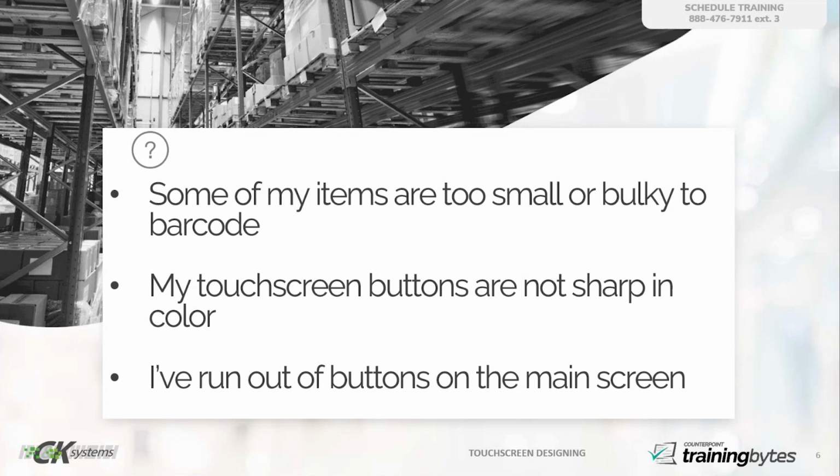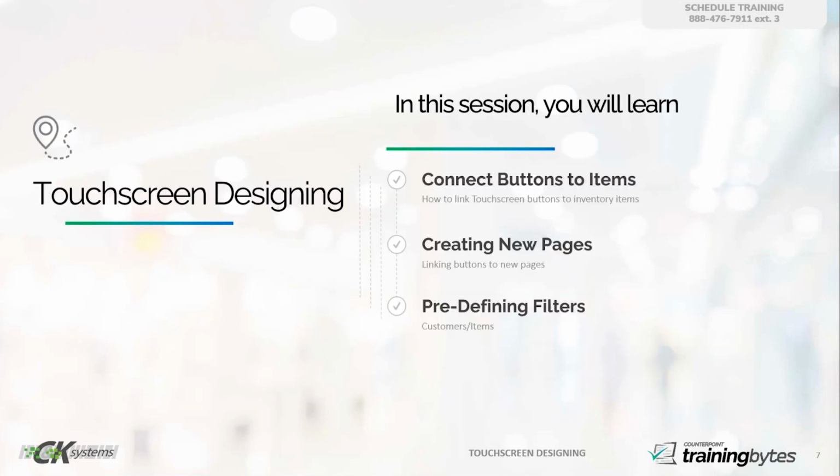So I'll show you how to fix that. Or maybe you've used up all the buttons on your main screen and you need more pages with more buttons. So we'll cover all that today with touchscreen designing. Amongst other things, I'll show you how to connect buttons to items of inventory. I'll show you how to create new pages. And then I'll show you some filtering tricks where you could narrow down lookups for customers or for items.